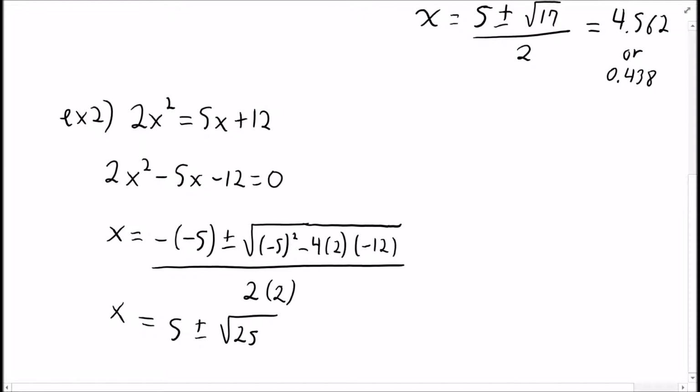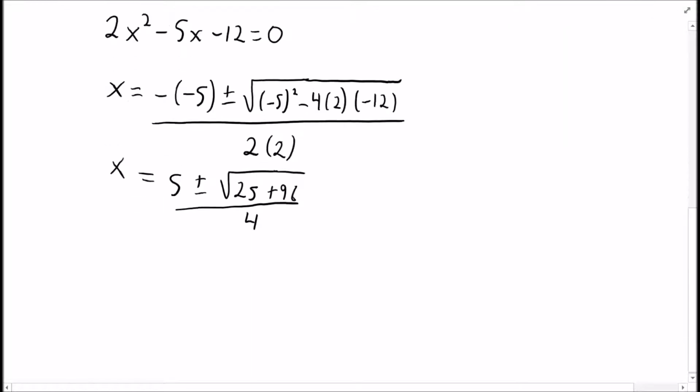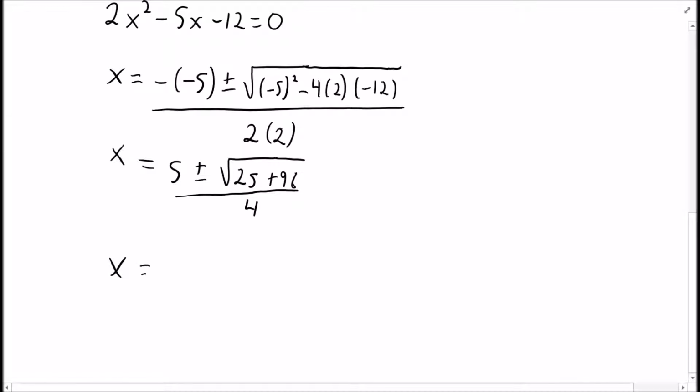Now this time I have a negative and a negative, so that becomes a positive. 4 times 12 is 48, times 2 is 96, so it's plus 96, all divided by 4. So x equals 5 plus or minus the square root of 96 plus 25, which is 121, divided by 4.